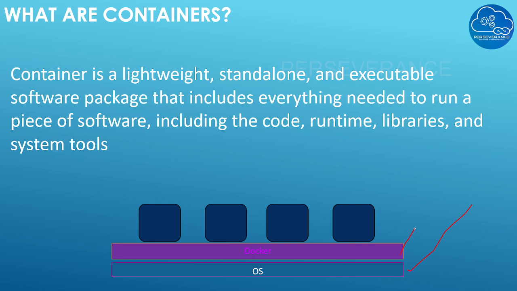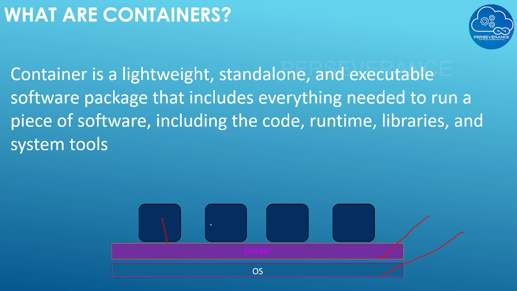We have Docker as a technology for that, or Rocket, but Docker is the one which is used heavily in the market because of its advanced features, simplicity, and ease of maintenance. So now we have the OS, on top of which we install Docker, and these are containers.